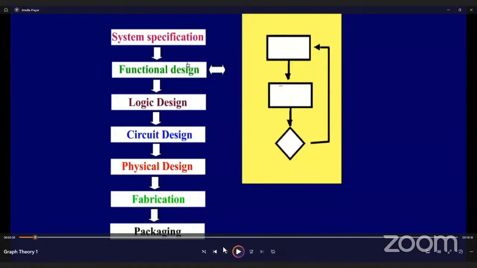Basically you have to set up the flow chart from the input to the output. That is the functional design.